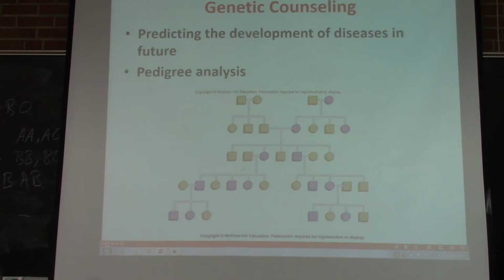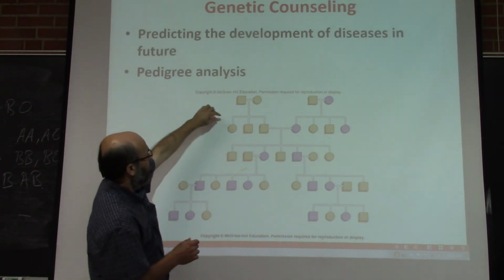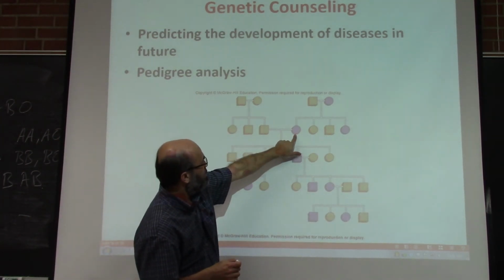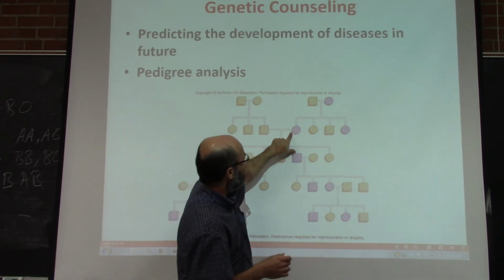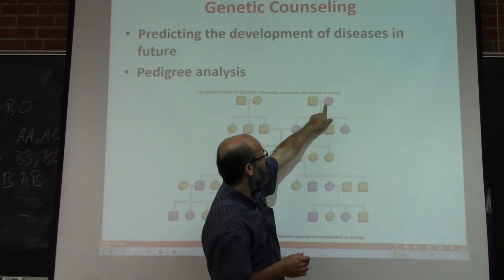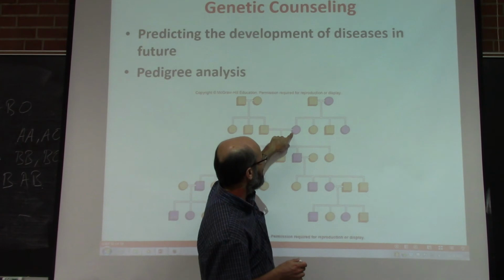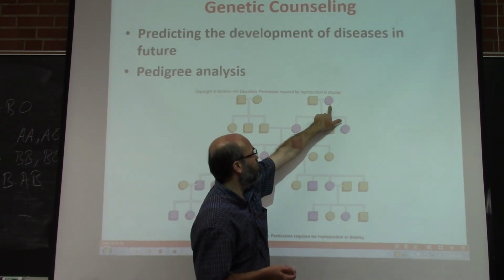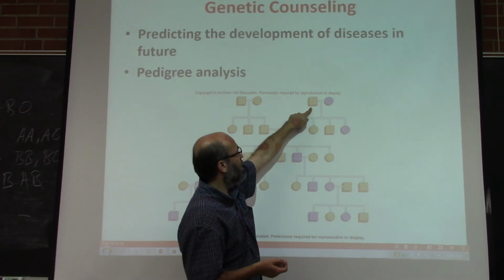Some diseases skip a generation because, for example, here, in this case, this person is infected. This disease probably came from here and here both. If it is a recessive disease, it came from both of the parents. This one actually had the 2 alleles, and this one had only 1 allele.